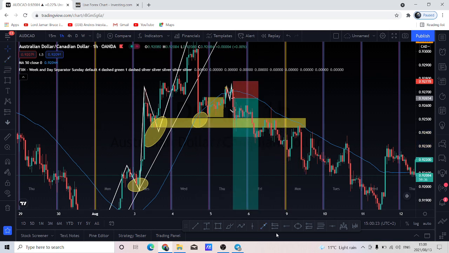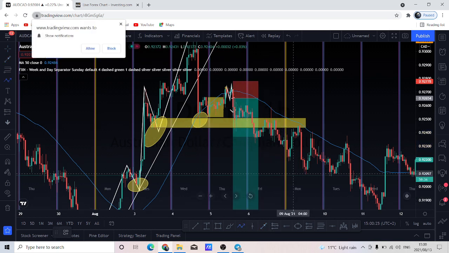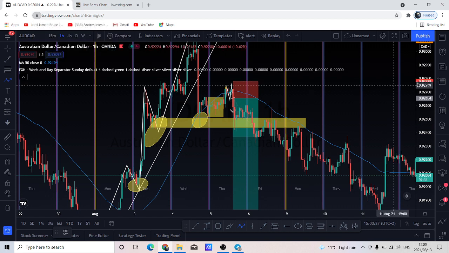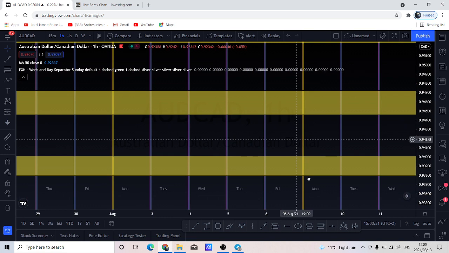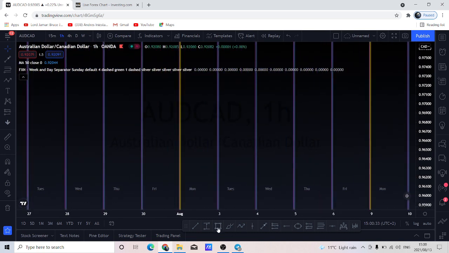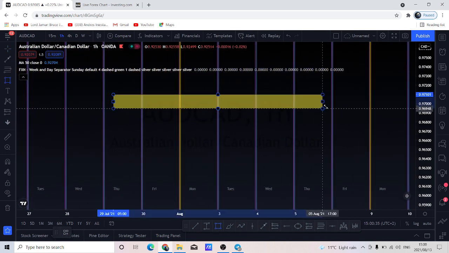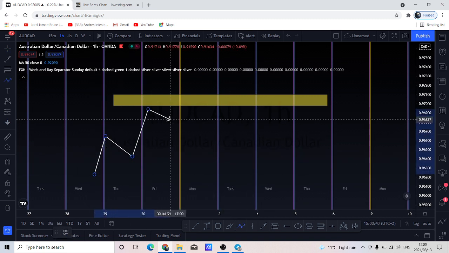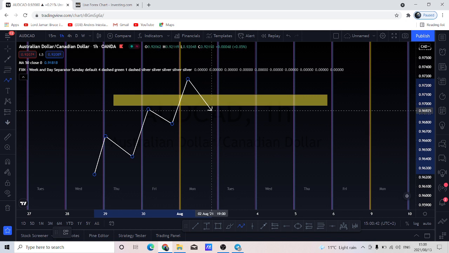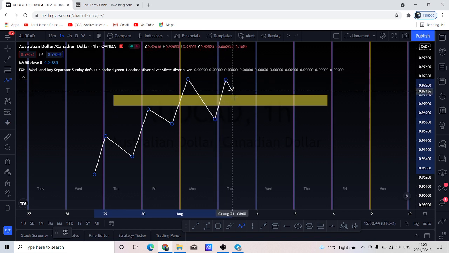So whenever the market breaks, okay, let me just draw it for you, maybe aside. Let's say the market is like this, going up, and then maybe making something like this, and then it breaks these two touches.